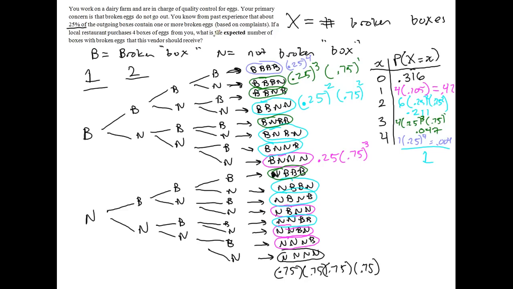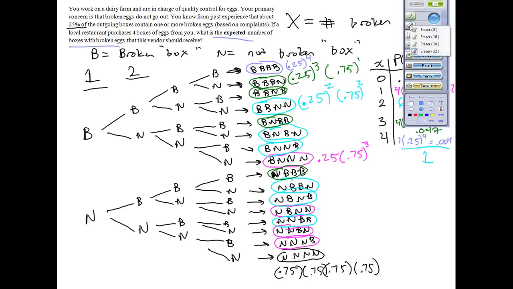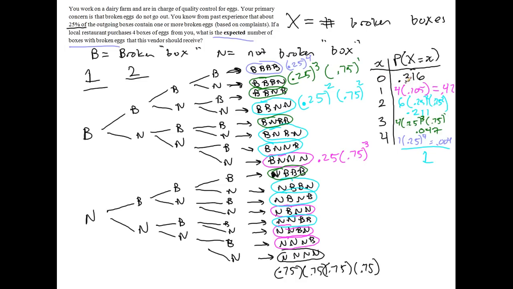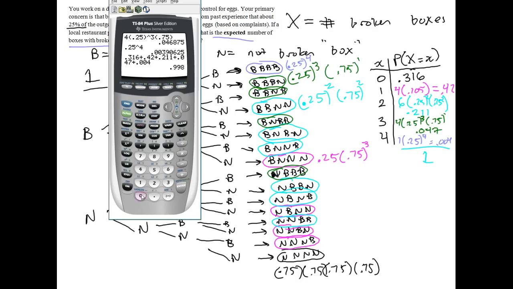So we want to know what is the expected number of broken eggs, or boxes with broken eggs. Well, that's going to be the number times the probability, plus the number of eggs times the probability, plus the number of eggs times the probability. So I'm just going to do this in my calculator. I won't write it out. Plus 1 times 0.42 plus 2 times 0.211, the probability of having 2 broken boxes, plus 3 times 0.047 plus 4 times 0.004.